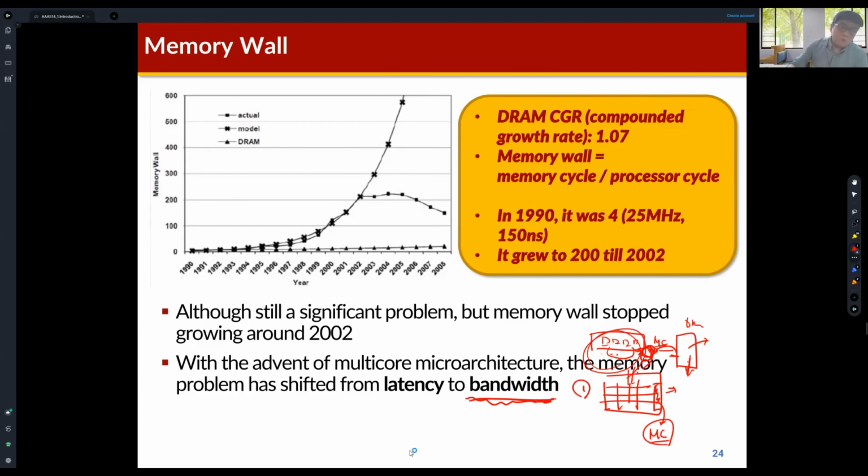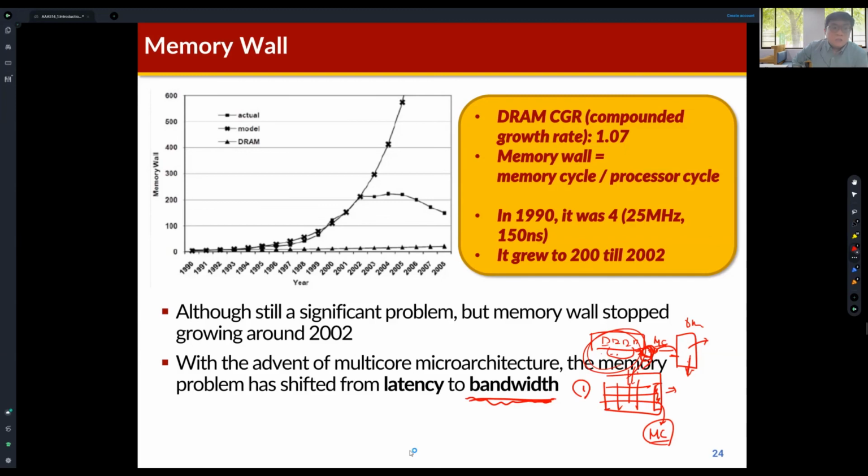Think of a GPU. Recently the GPU is equipped with high bandwidth memory, HBM, even though HBM is very expensive and the chip count is very large, because the GPU memory needs to support very high bandwidth.